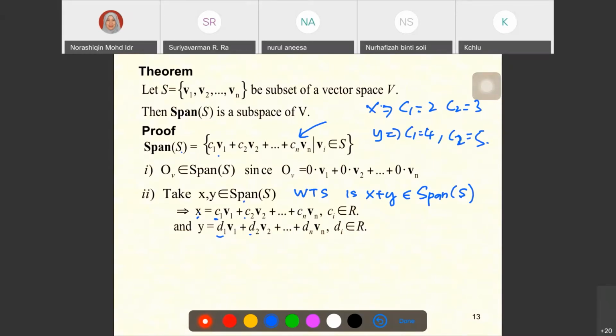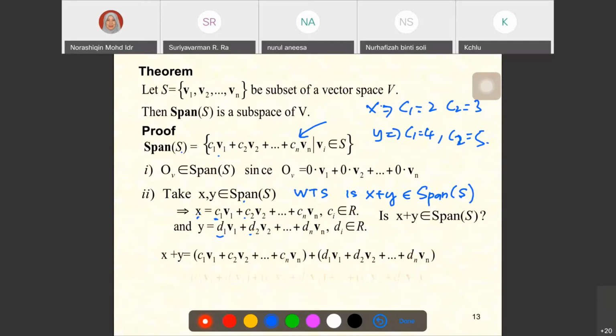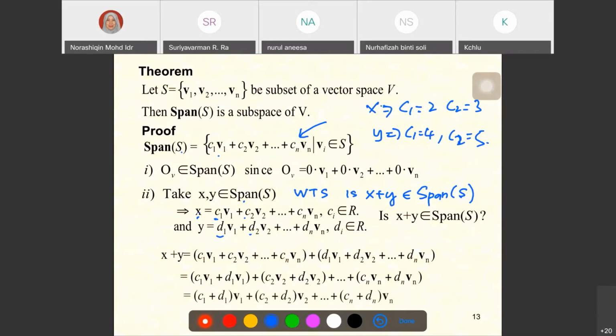So now we want to find is X plus Y in span of S. We just add them together and combine the same coefficients. Then put it in this way so that you can see the coefficient of V1, the coefficient of V2, the coefficient of Vn. The question is, is X plus Y in span of S?